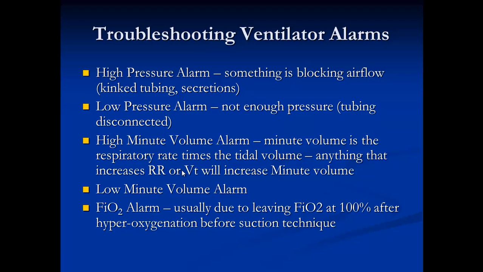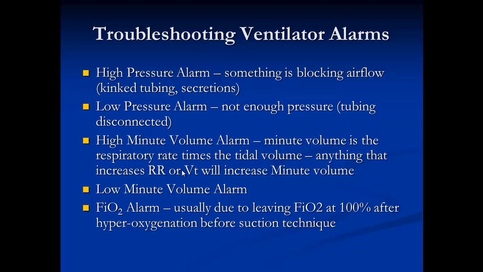If the CO2 is elevated or decreased in the ABG, the only parameters that respond to that are respiratory rate and tidal volume. So we'll do some exercises in class to be able to adjust that.